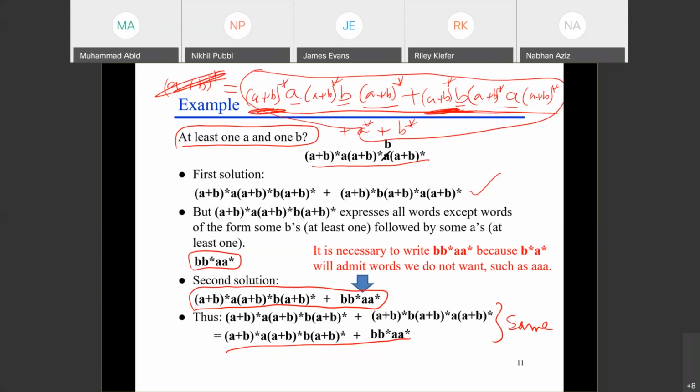So in short, we can say that we can generate A plus B whole star, that universal set, with this.